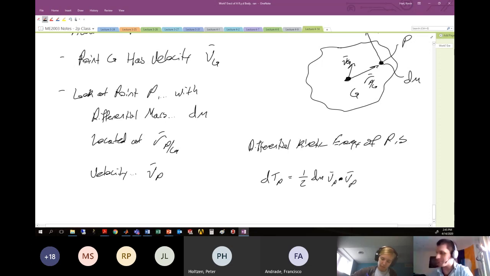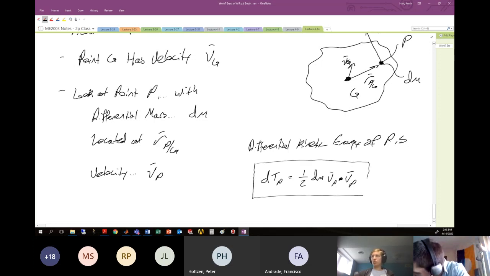Okay, so this is my dot product here, Vp dot Vp. All right, so this is the differential kinetic energy of any arbitrary point P given the velocity of that general point, Vp, and some differential mass of that particular point, dm.